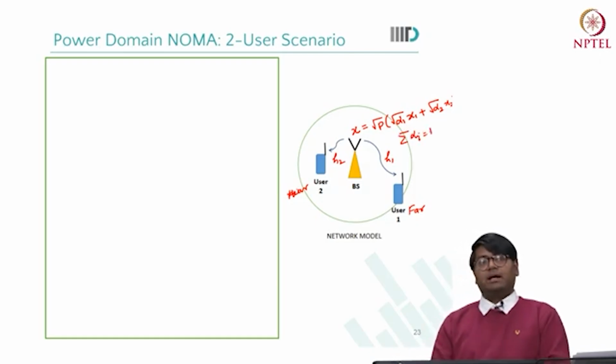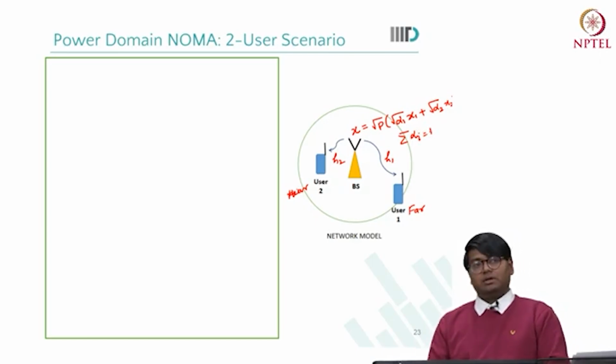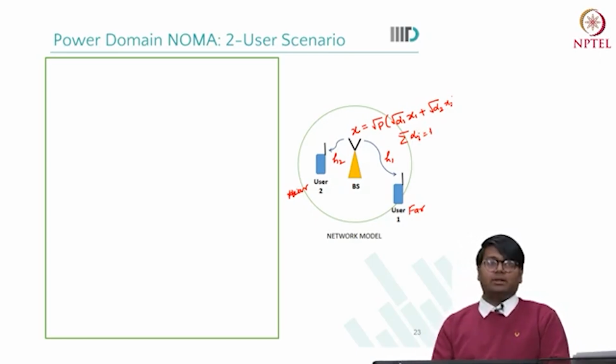So here the summation of alpha 1 and alpha 2 should be unity. It is not necessary that NOMA can be applied only for two users. The concept of NOMA can be extended for multiple users as well.